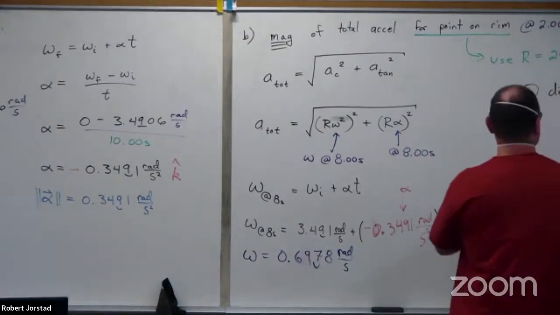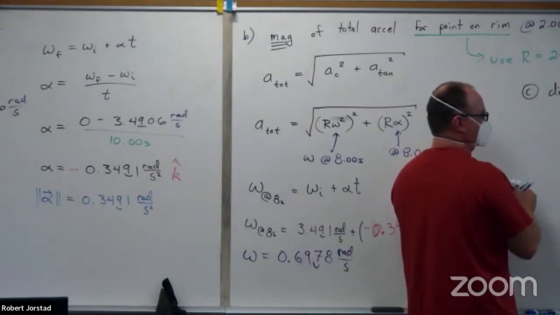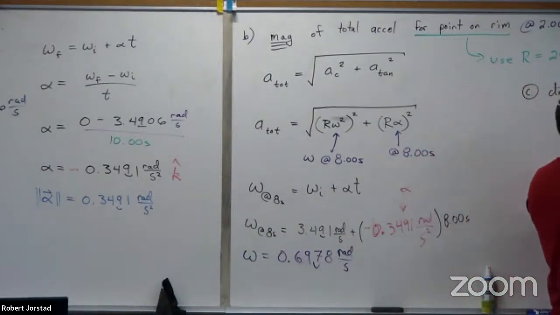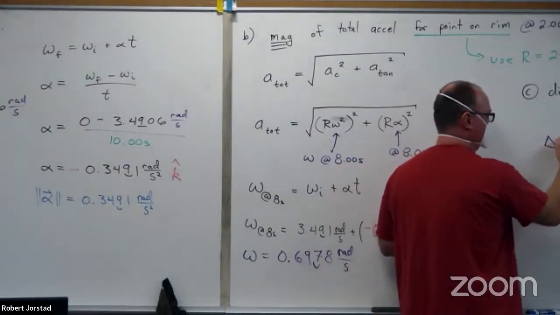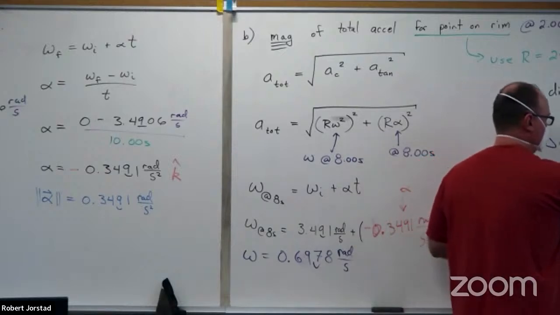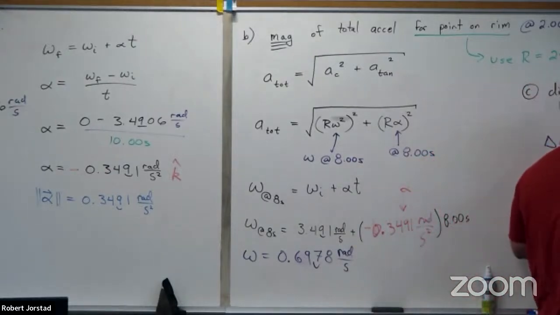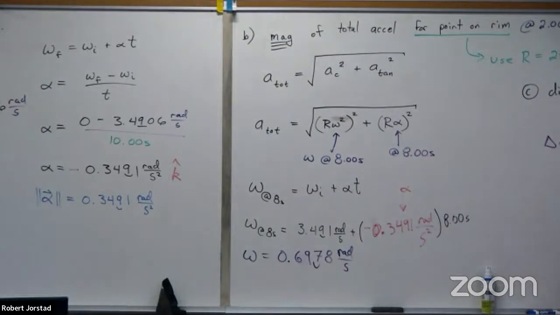So distance traveled by a point on the rim, let's remind ourselves, point on the rim, that's just telling us R equals the full 24 centimeters. Okay, so what we could do is get delta theta equals omega initial t plus 1/2 alpha t squared.